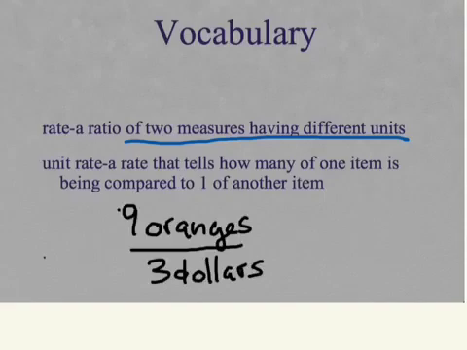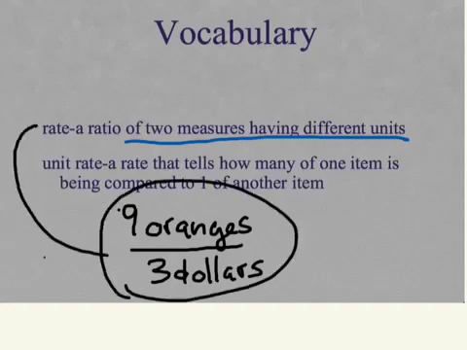An example is I was at Walmart and I saw 9 oranges for $3, pretty good price. The fact that we're talking about two different things is considered a rate: $3 per group of 9 oranges. Then the unit rate would change this so that we're calculating how many oranges I'm getting per dollar.